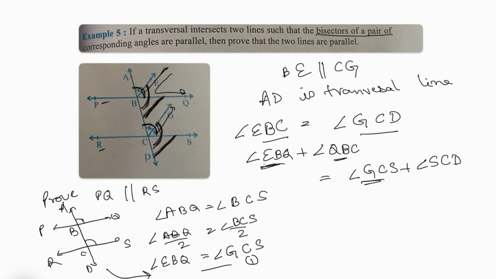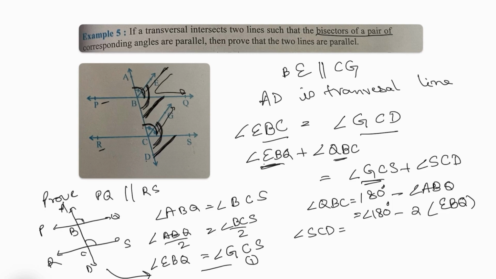Now QBC can be written as 180 degrees minus angle ABQ, and angle ABQ is nothing but twice of angle EBQ. Similarly, angle SCD is equal to 180 degrees minus angle BCS, which is equal to twice of angle GCS.